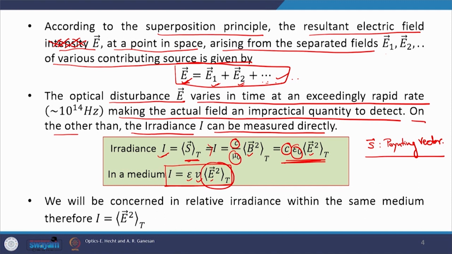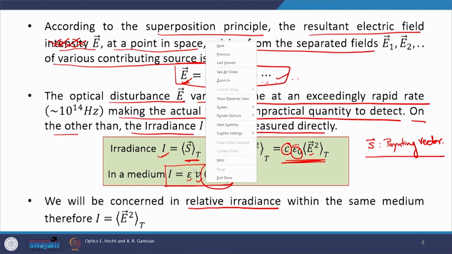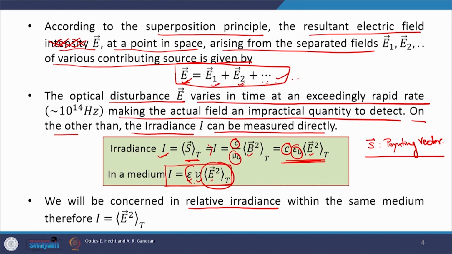But whenever we calculate irradiance in our derivations, or while calculating the maxima and minima, we will always be concerned with the ratio of the intensities, the relative irradiance. Whenever we take the ratio of two irradiances, the constants which appear before the time average of E square, which are epsilon into v, will go away.